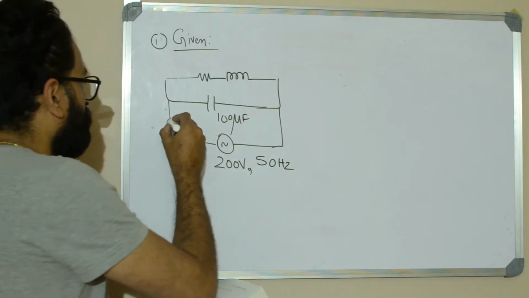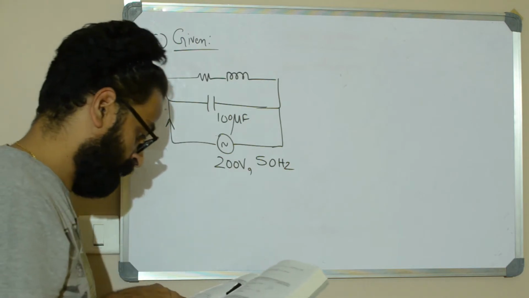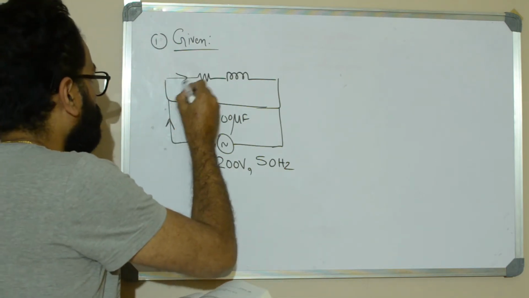And the coil takes a current of 4 amperes.